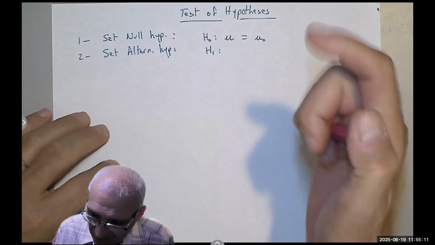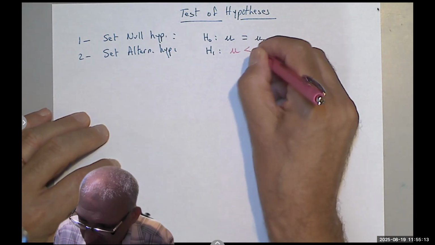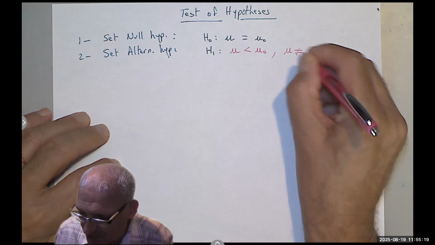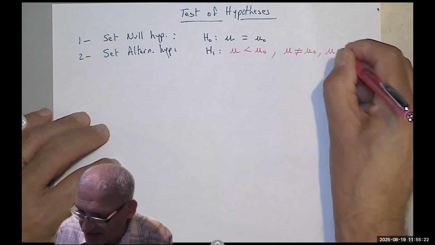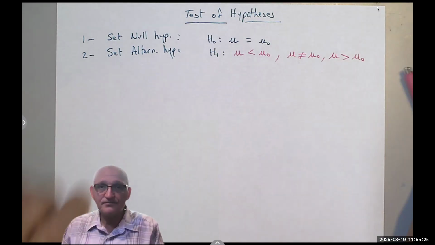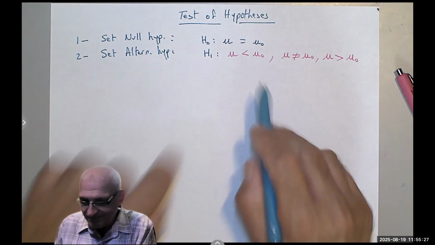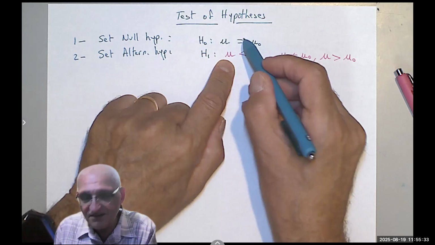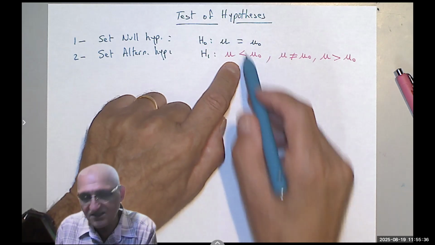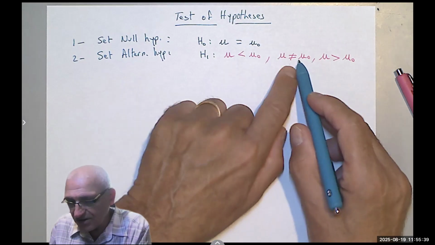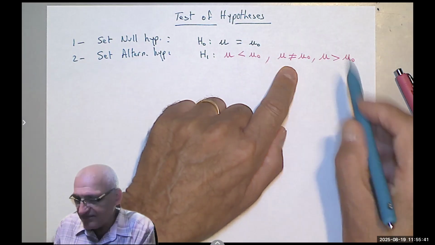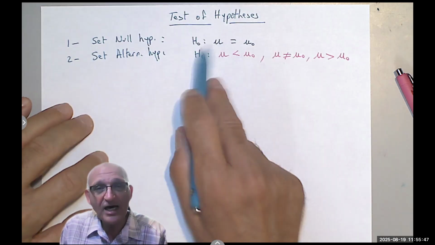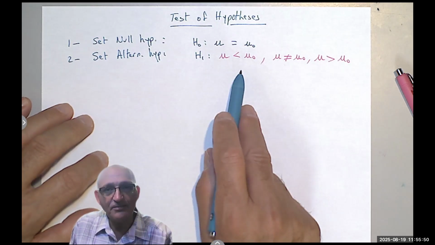I can say mu is less than mu sub 0, or mu does not equal mu sub 0, or mu is greater than mu sub 0. So if mu is less than mu sub 0, it means that the null hypothesis is mu greater than or equal, right? If this is not equal, then that's strictly equal. And if that's greater than, this would be less than or equal. So we know what type of null hypothesis by looking at the alternative hypothesis.